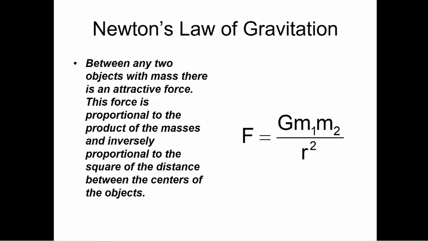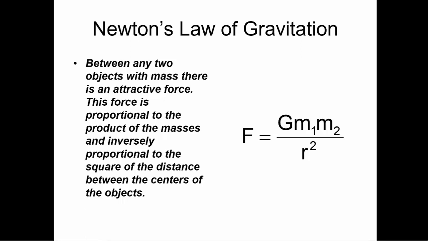The force between two objects with mass is going to be that G, capital G there, is called the universal gravitational constant. It's got one value in the metric system and a different one in the system that we use in the United States, although I have never used the American system units for looking at gravitation.